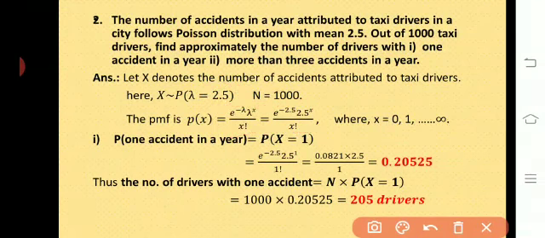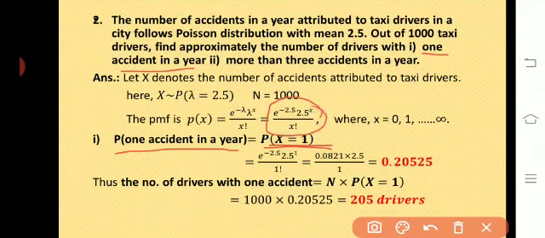Now we will solve the first sub question, that is the probability of one accident in a year. So probability of one accident in a year is equal to probability of x equal to 1. It means we have to put x equal to 1 in this PMF. So it is e raised to minus 2.5 into 2.5 raised to 1 divided by 1 factorial.